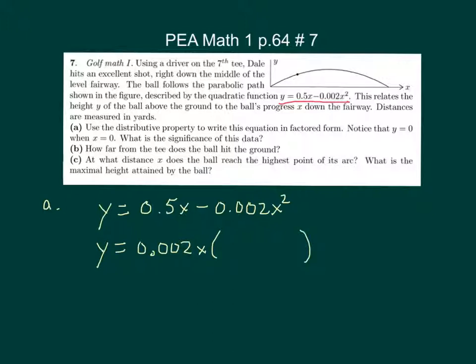Now when we factor that out, we have to actually use the calculator to divide, or you probably will. If you do 0.5 divided by 0.002, you end up with 250. So I'm dividing this 0.002 out of the 0.5, and you end up with 250.